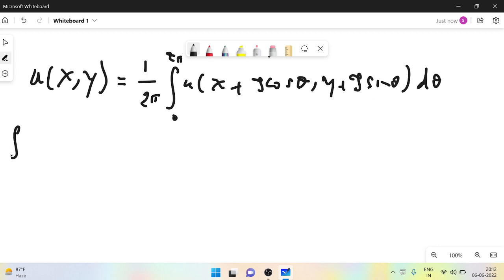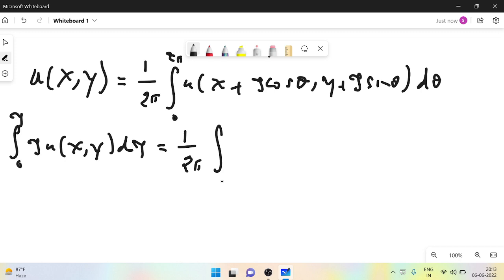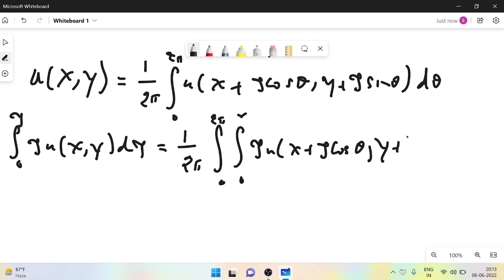So integral 0 to r of tau u of x comma y d tau is equal to 1 by 2 pi, integral 0 to 2 pi, integral 0 to r of tau u of x plus tau cos theta comma y plus tau sin theta d theta d tau.